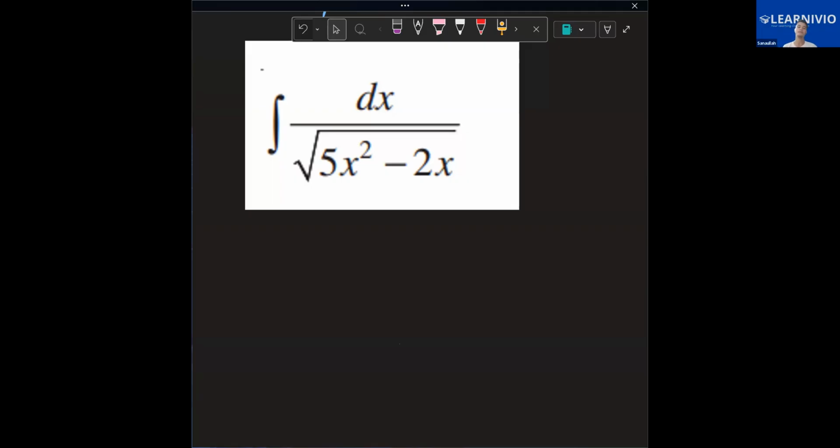Does anyone know what is completing the square? Ali, Ibrahim, Anjalina, does anyone know?